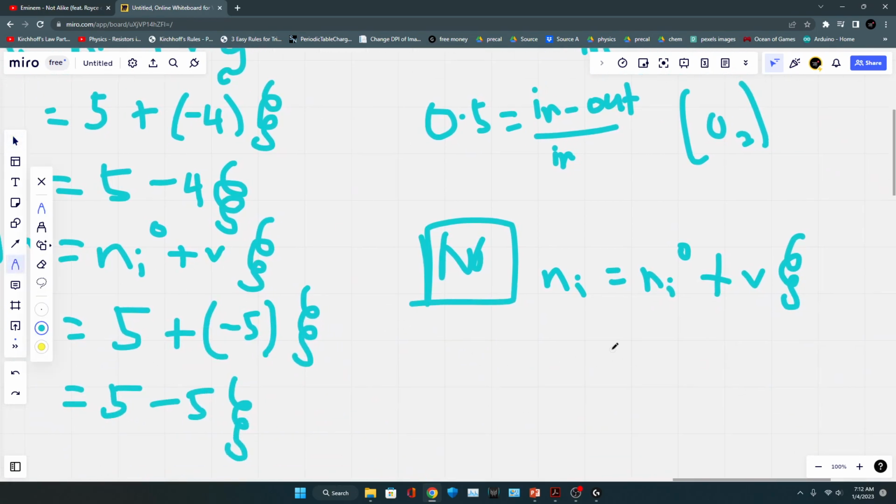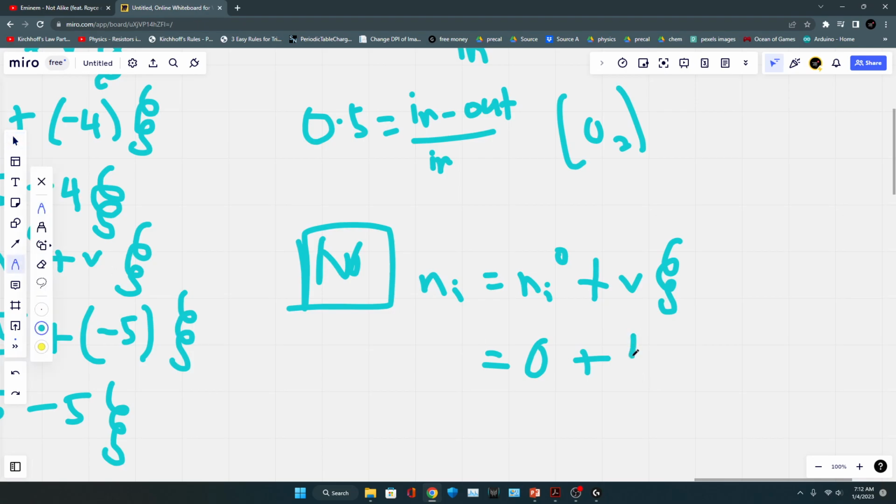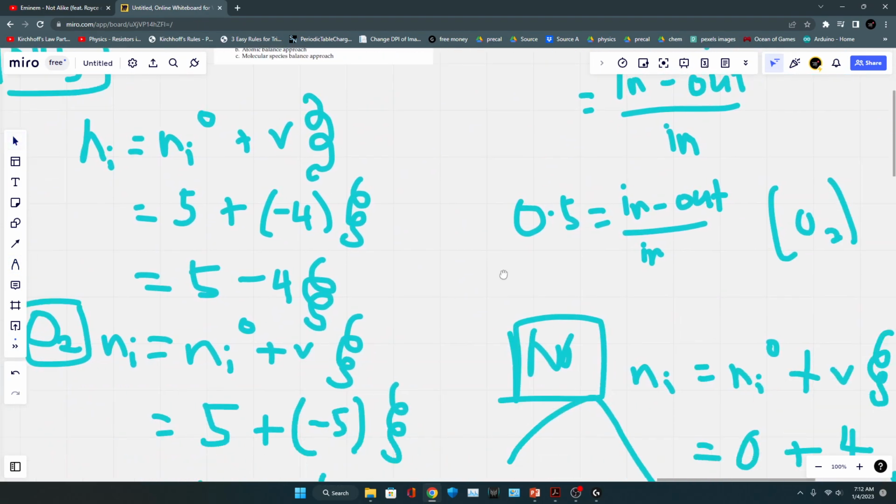Hence, we can conclude that the initial molar flow rate of NO in the inlet stream is 0. So 0 plus the stoichiometric coefficient of NO, which is 4. Just put it as positive 4 because nitrogen monoxide is a product, so it remains positive. This is the third equation, and then we also have to take a look at our water.